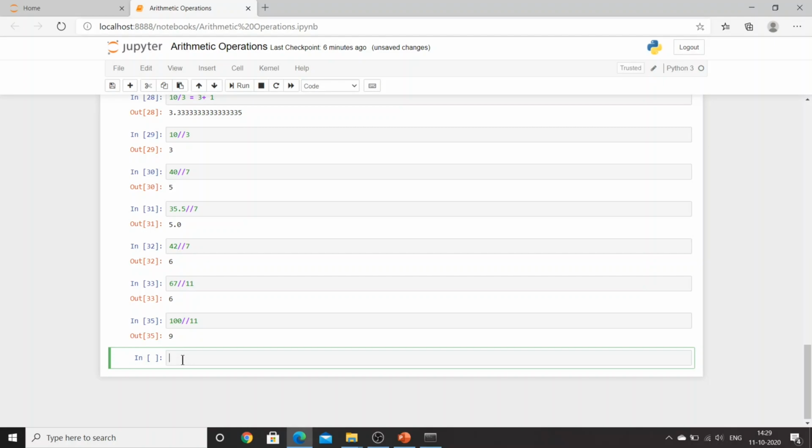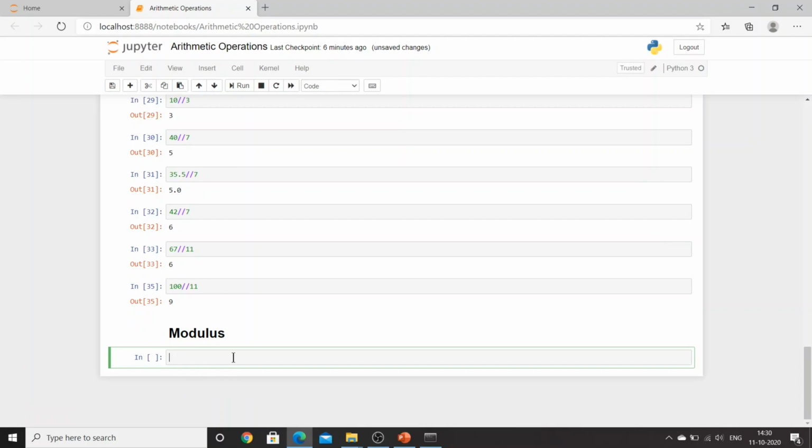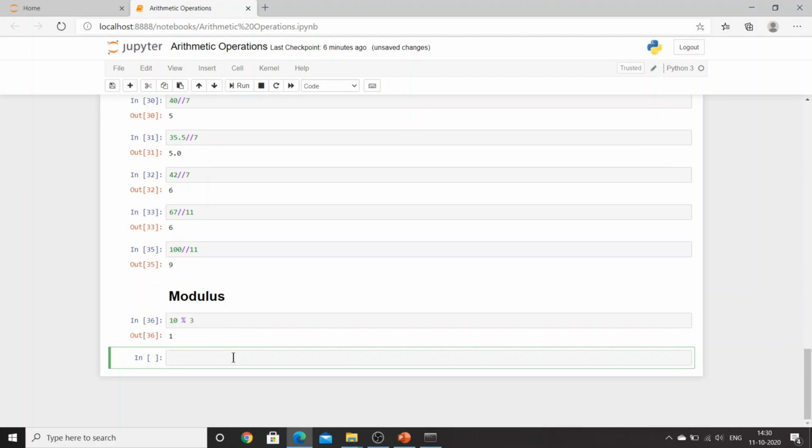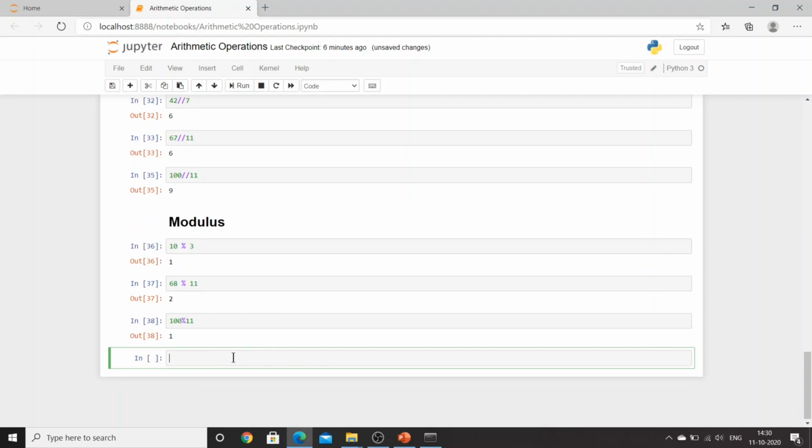Now the other part, which is the remainder. How are we going to get the remainder? We also call it modulus. So let's try modulus. Instead of double slashes, you can give percentage. 10 percentage 3, you'll get 1. 68 percentage 11, you'll get 2. 100 percentage 11, you'll get 1.